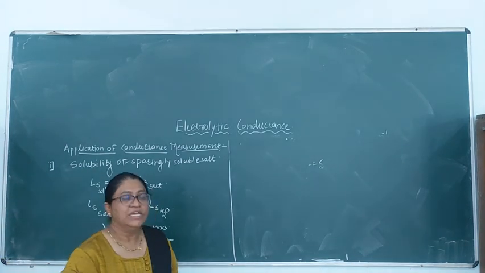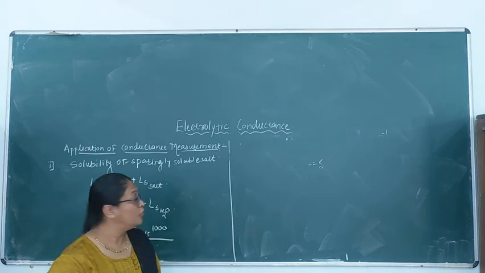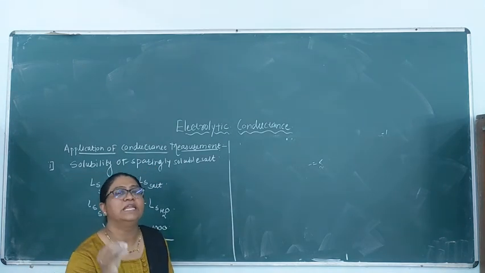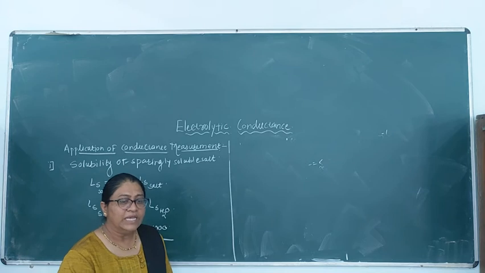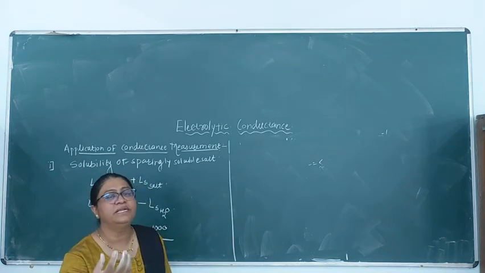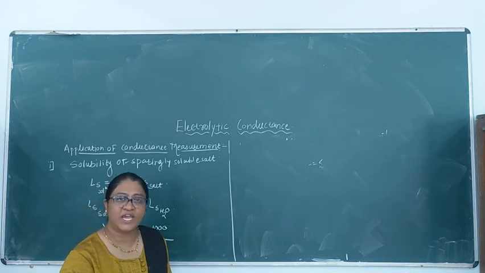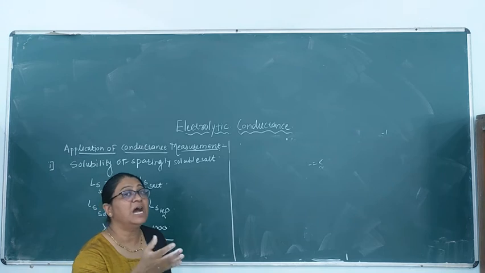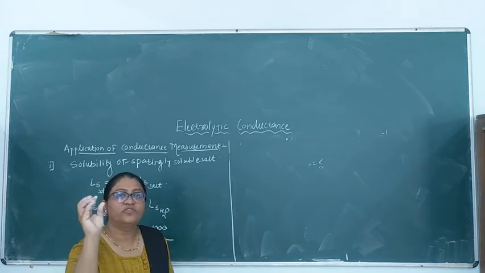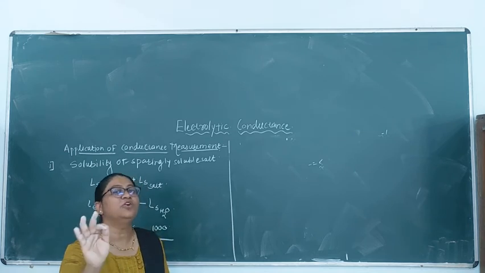Concentration means how? When we dissolve any salt in the water, the sparingly soluble salt, as I have told you, has very little solubility. So a very small fraction of the salt will dissolve in the water. Most of that salt will remain undissolved. Only the dissolved part of that salt is the concentration or the solubility of the salt.